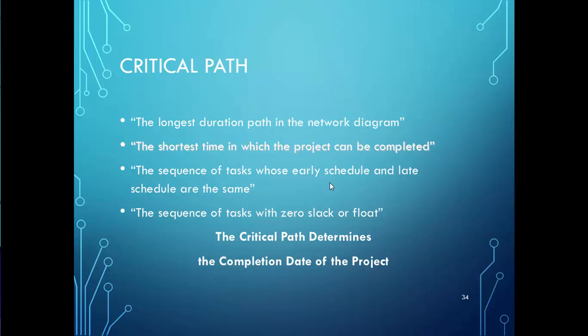And those critical activities might affect the project execution. They might affect the completion date, and that's why I need to make sure that I'm executing these within the given duration for that activity.